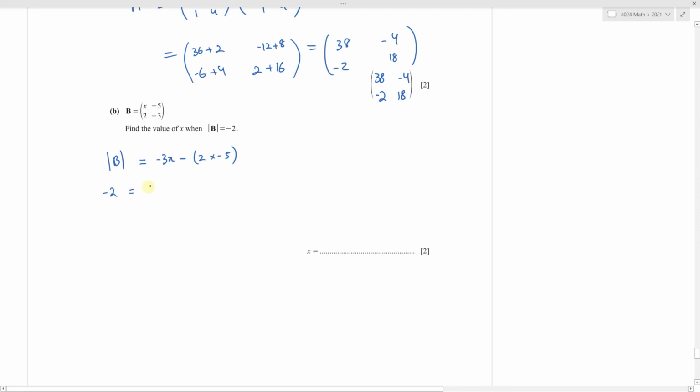So minus 2 equals minus 3x minus, this is minus 10. Minus 2 equals minus 3x, this minus and minus become positive 10. If I take this 10 to the other side, I get minus 12 equals minus 3x. Minus minus cancels out. x equals 12 divided by 3, which is 4. So your value of x is 4.